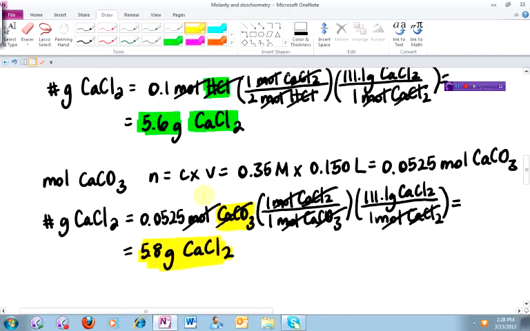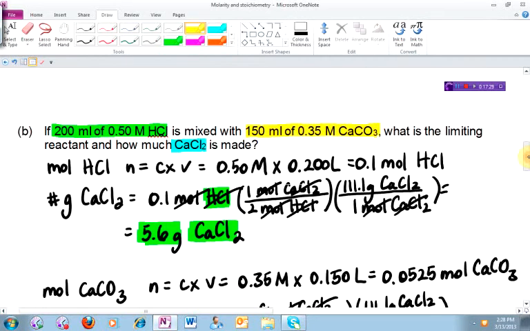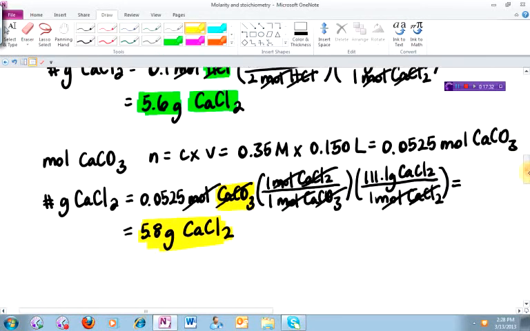Well, looking at our two products that are produced, you can see that 5.6 is less than 5.8. So that means that HCl is your limiting reactant. CaCO3 is your excess reactant. So the question was asking us, what's the limiting reactant and how much calcium chloride is made?